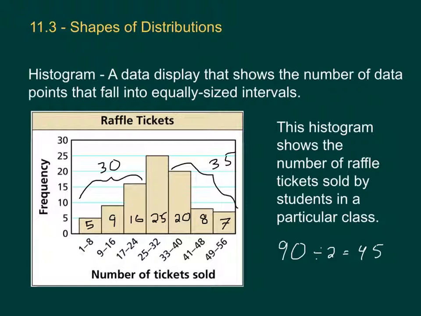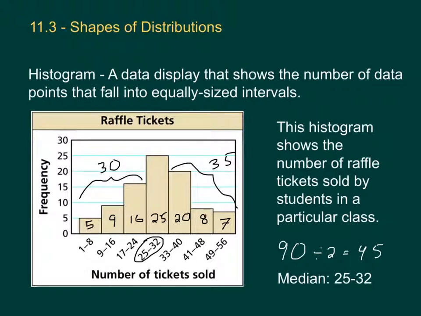So the students from 1 through 24 tickets sold are the first 30, and students from 33 through 56 tickets sold account for the final 35. That wouldn't get us to our median yet, so we'd have to go into this final interval. This is the interval that's going to contain our median.